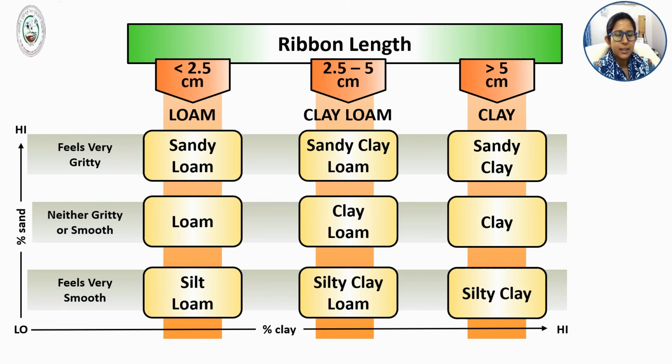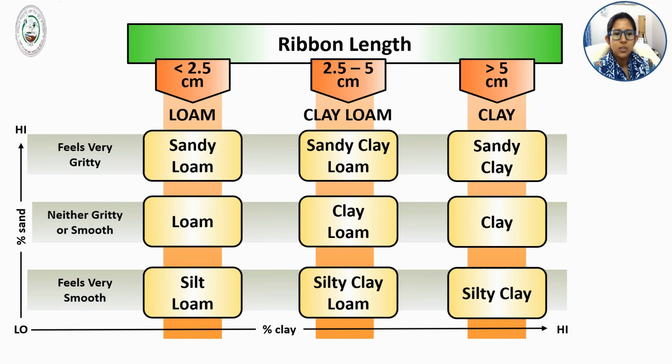And generally, if we see the feel of the 3 different soil separates, the sand gives a very gritty feeling. The silt fraction gives a feeling which is intermediate between gritty and smooth, or we can say it gives almost the feel of talcum or a smooth slippery feeling, whereas the clay fraction gives a sticky and smooth feeling.